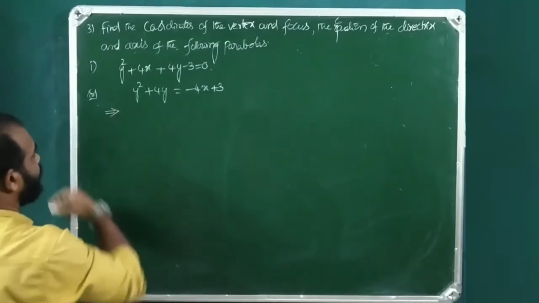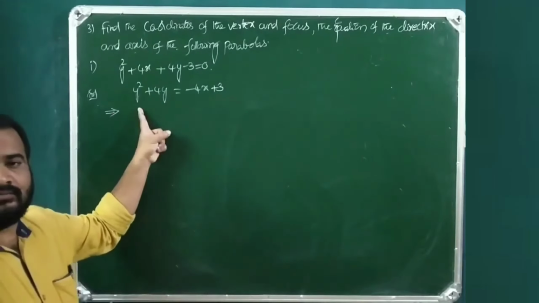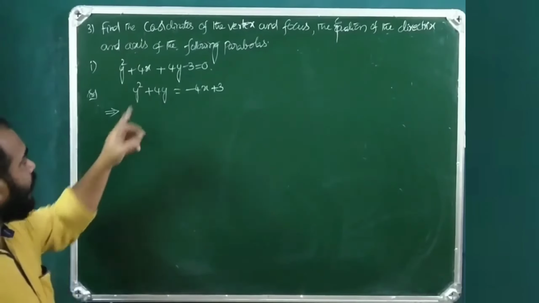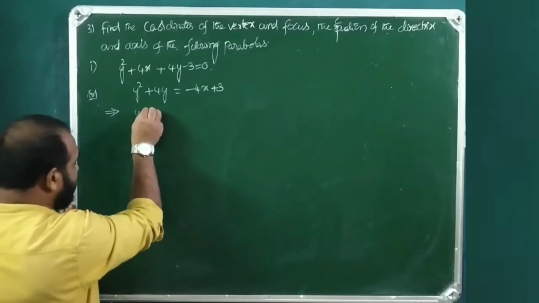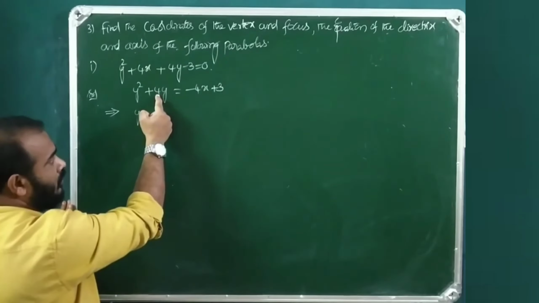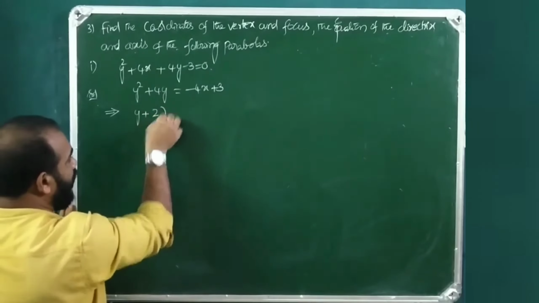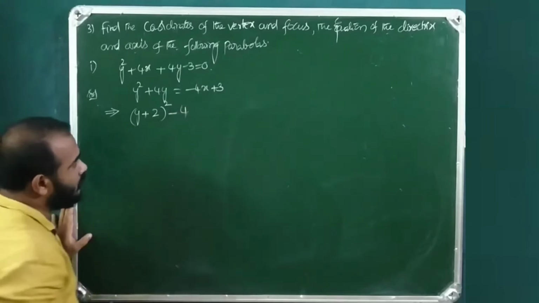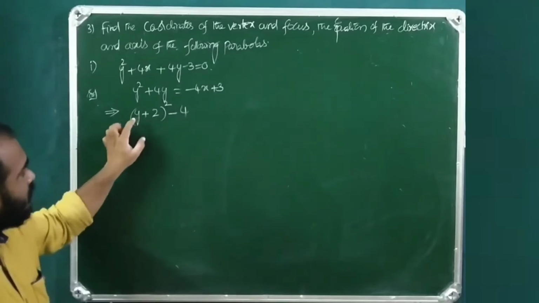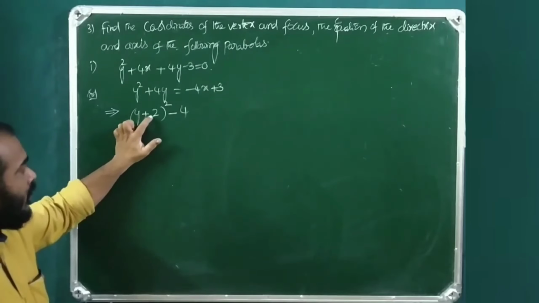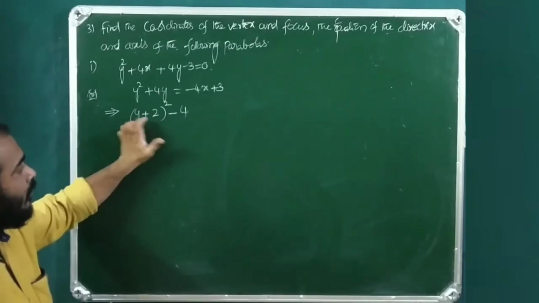So try to write in the form of a plus b whole square. So y square plus 4y: the coefficient of y is 4, half of it is 2, complete the square here, 2 square is 4. So this equals this only, because a square plus b square plus 2ab, y square plus 2 square 4 plus 2 into 2 y minus 4.